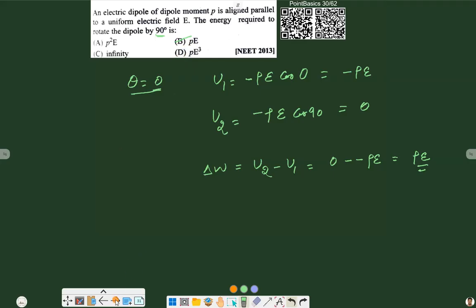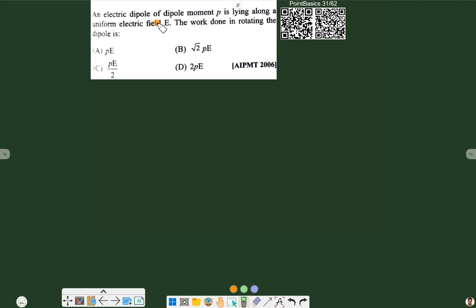Moving to next question. An electric dipole of dipole moment P is lying along the uniform electric field E. Work done in rotating the dipole. Here it does not mention how much we have to rotate it. So let's start. It is mentioned that the dipole is lying along the electric field, so the initial angle theta initial is 0.